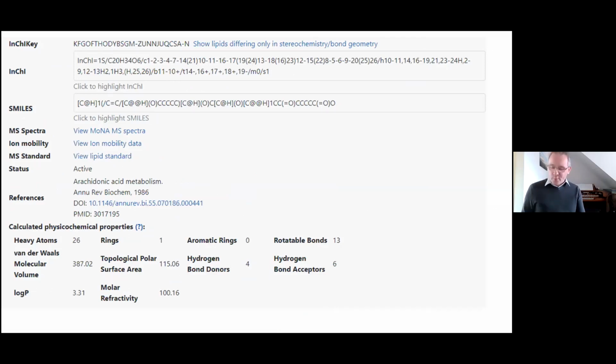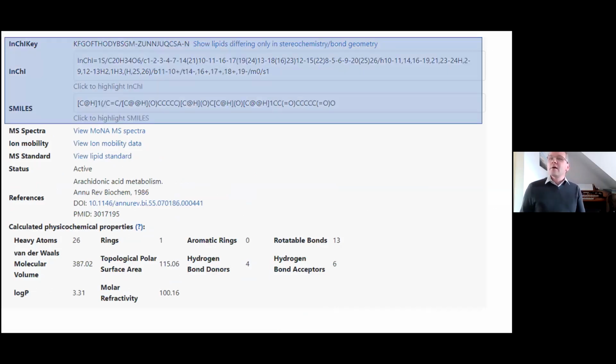And then at the bottom of the page, there are the computationally readable identifiers for the molecule. And it's worth pointing out that hidden on this page, but we will make it more obvious when we redesign the pages, is a link here to show lipids that have the same structure but only differ in the stereochemistry or the bond geometry.